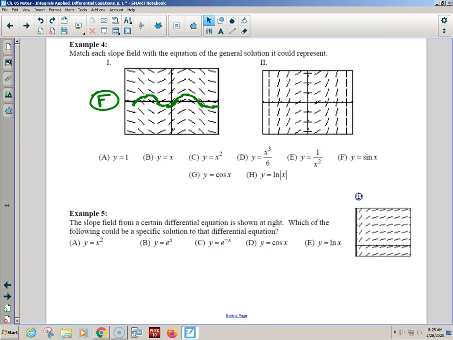Couple more seconds, but if you've gotten these two done, why don't you go ahead and pop ahead to the next one and say, am I still following the flow?